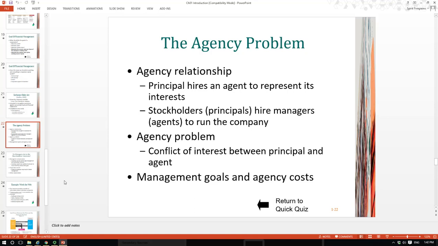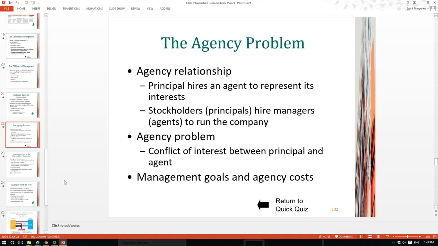So here, I would say the principal is the shareholder, because shareholders are the bosses of a company, but they needed to found an agency to manage their businesses. Right? So the agents here are managers or executives in a corporation. An agency relationship describes the relationship between stockholders and corporation's executives.